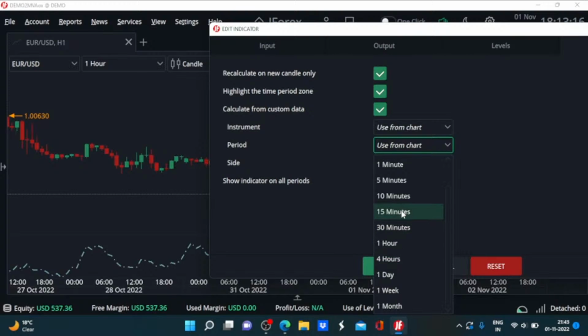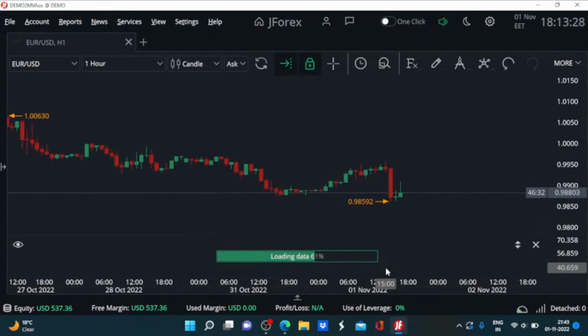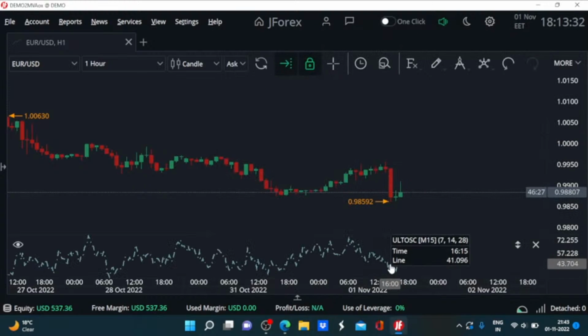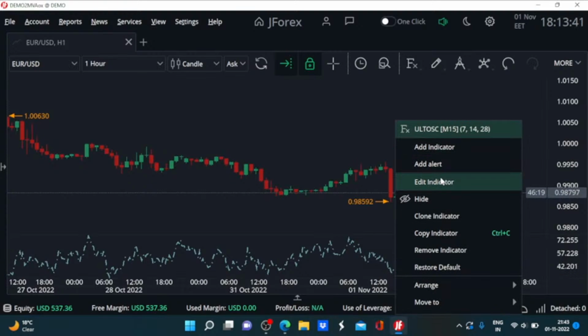If you want the candle time period to be 15 minutes, then each candle will be measured for 15 minutes only, even though the chart's candle period is of hourly time frame. So here now you will see the plotting of this indicator is going to be much different as the candle period has been reduced to 15 minutes, even though the chart's candle period is hourly. All right.